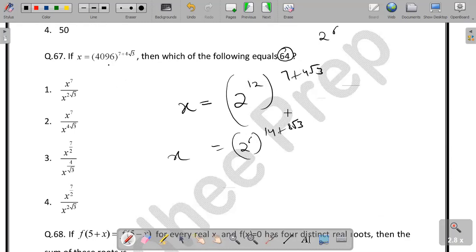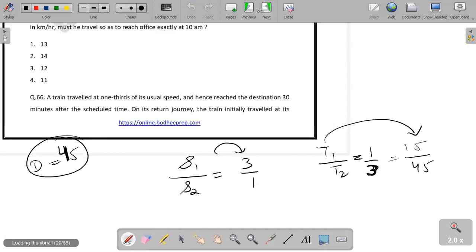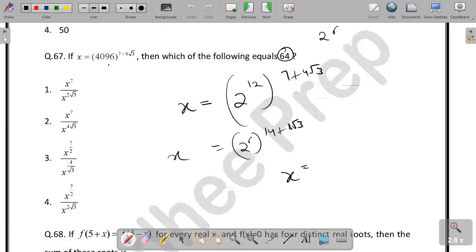Fine. But the question asks us in terms of something else. So the question, x is equal, wait, sorry. Our answer should be x, 1 by 14 plus 8 root 3. But the choices have been deceptive.